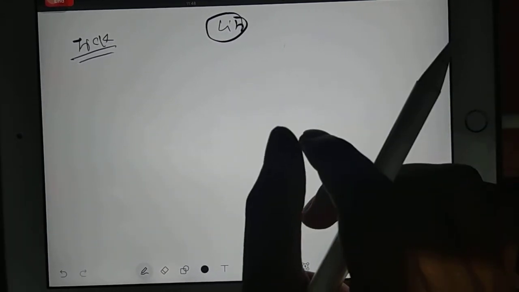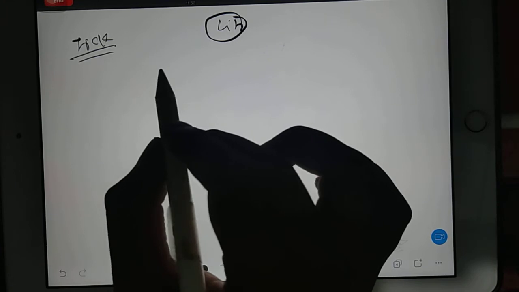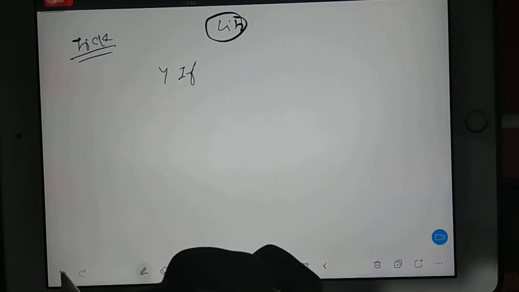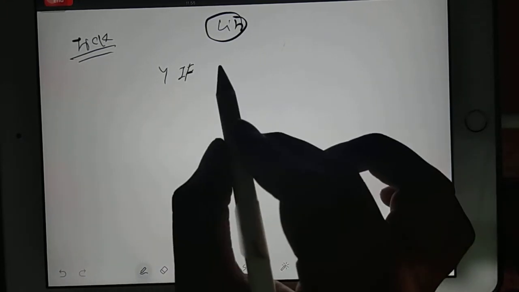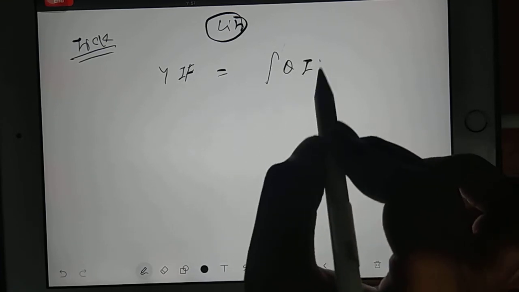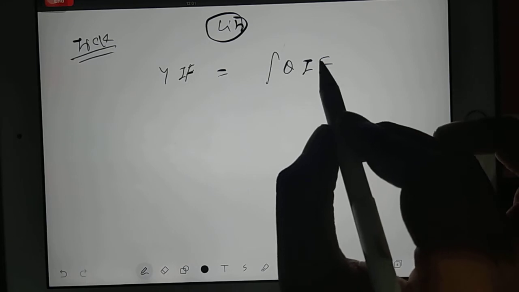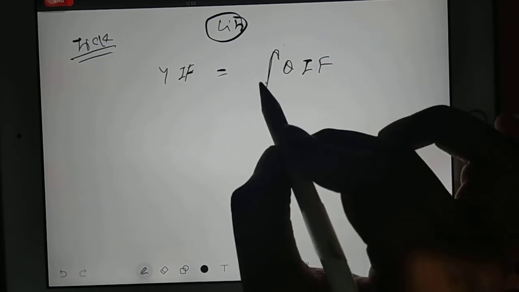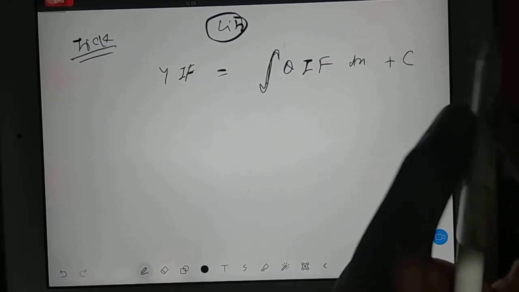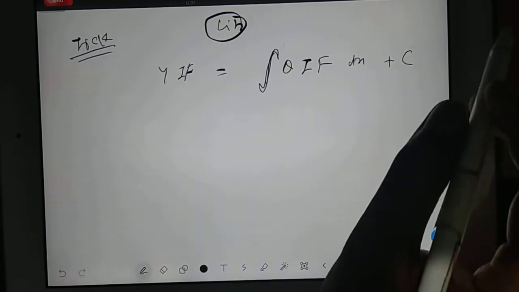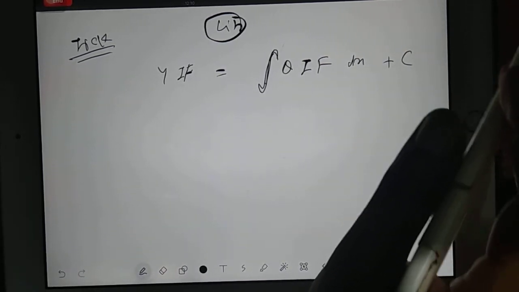Why if q if? Okay, this is your final answer. In this we have minor changes: the integration is for dx and plus constant will come for sure. But if you remember why if q if, Leibniz form will be ready.